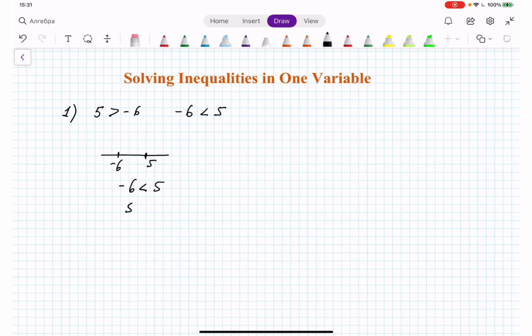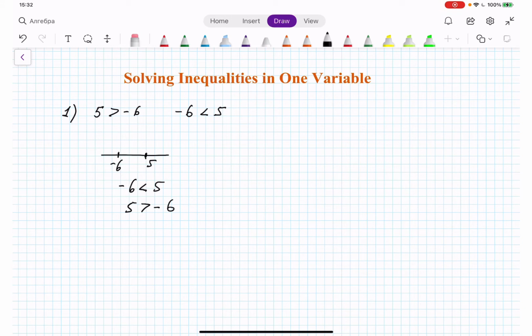So 5 is greater than negative 6. Can we say it's the same statement? Yes, both statements are equivalent because both imply 5 is to the right of negative 6 on the number line.